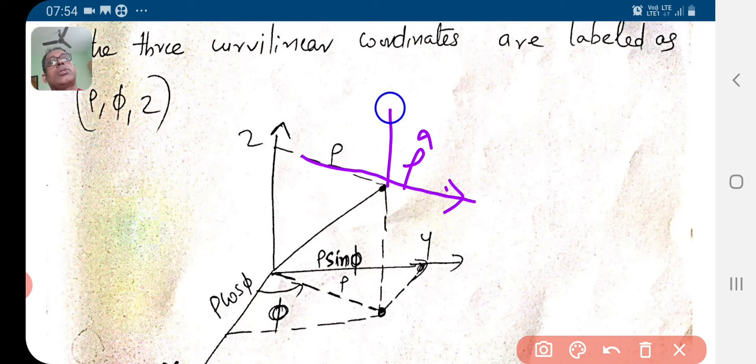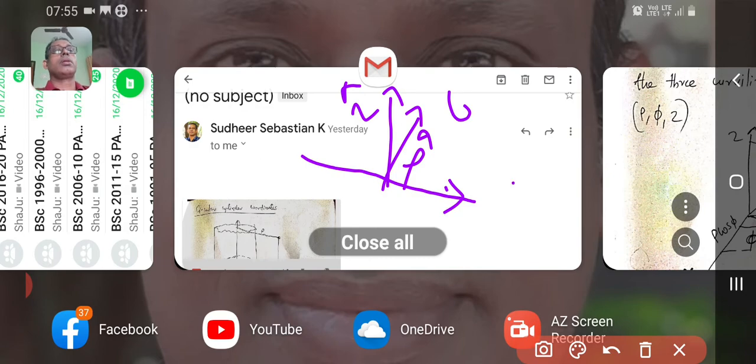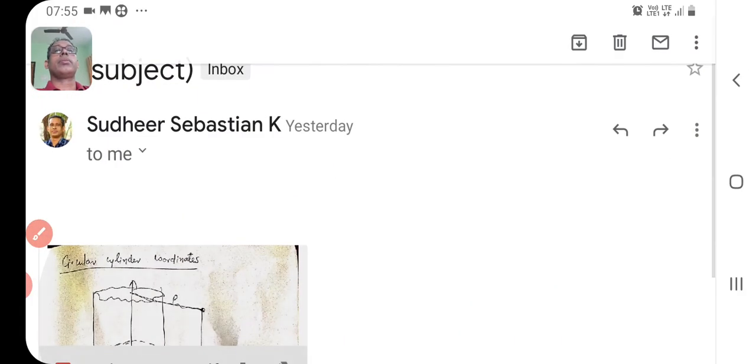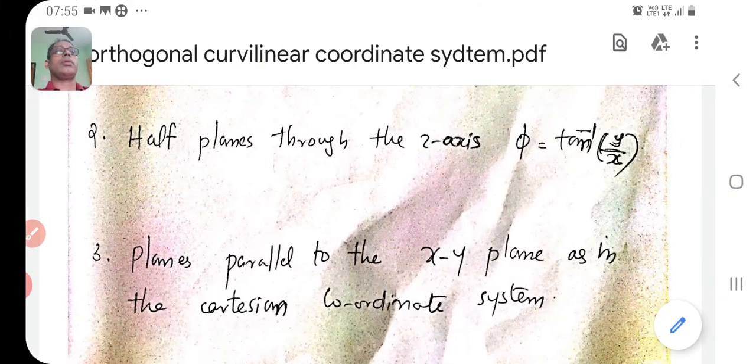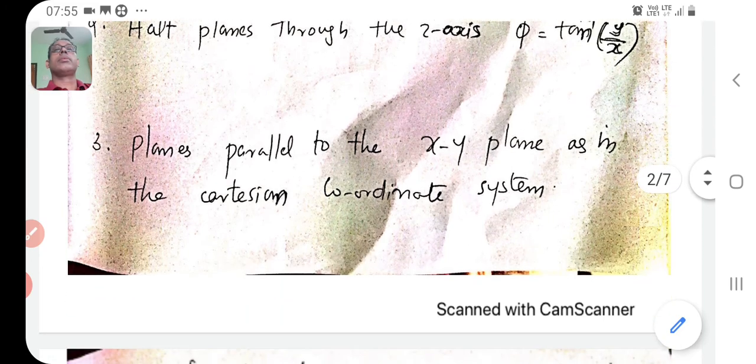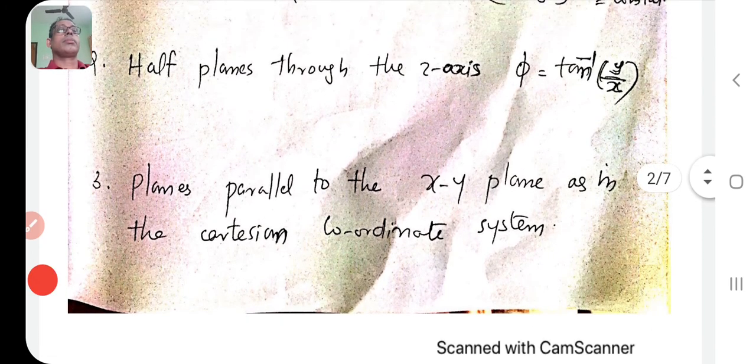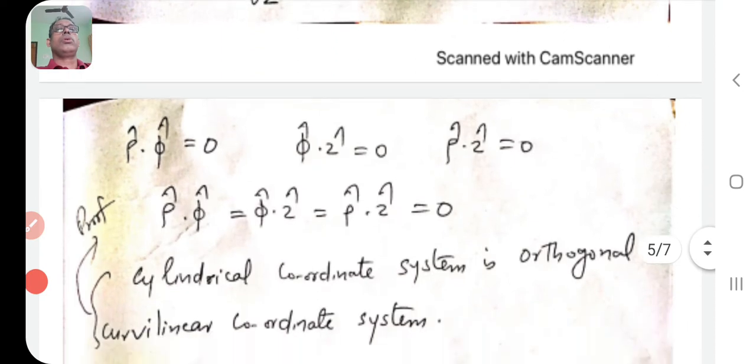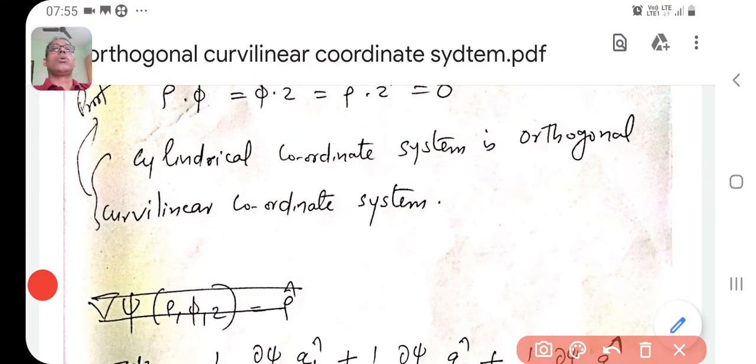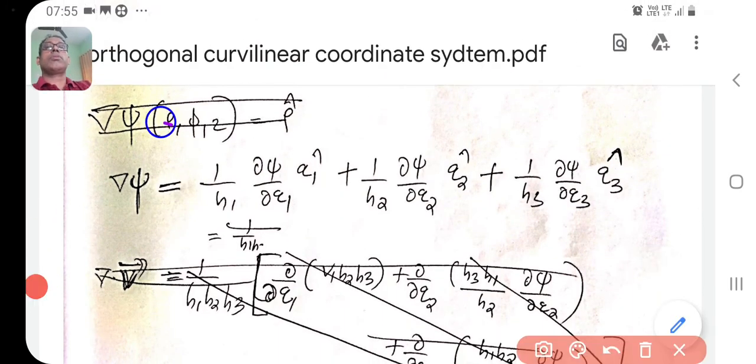Z is increasing in this direction, unit vector z. Phi is increasing this way, so phi will be in this direction. So we have proved rho dot phi, phi dot z, and rho dot z are all equal to 0.